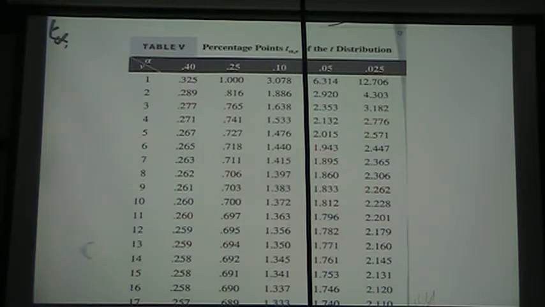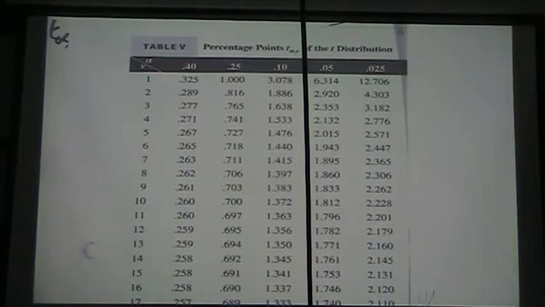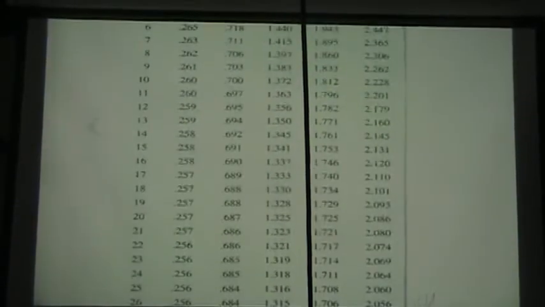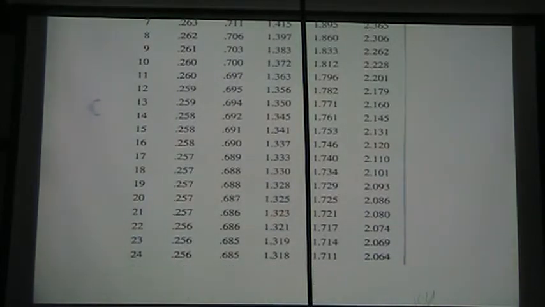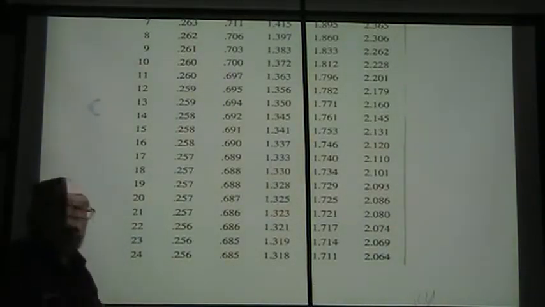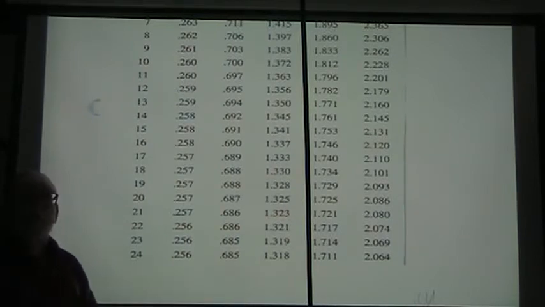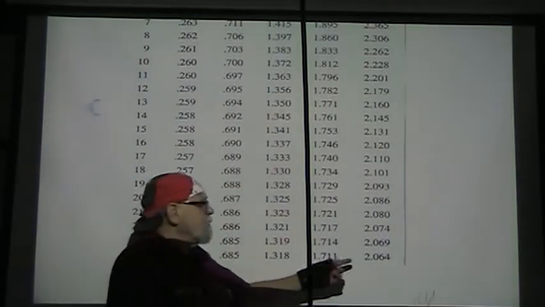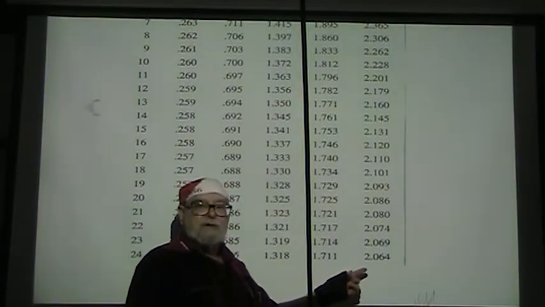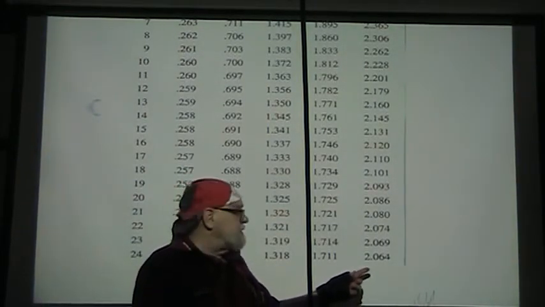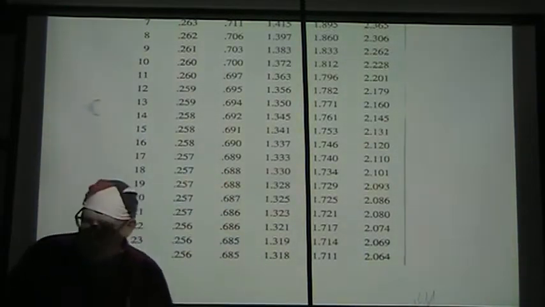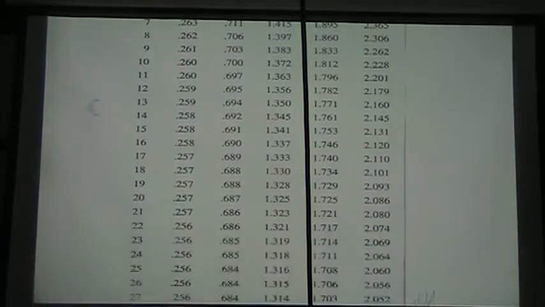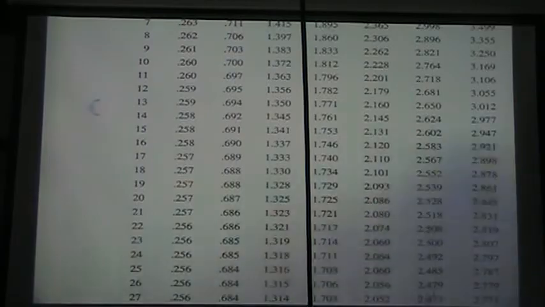Now, our sample size is 25, so I've got to go down here. There's 25. n minus 1 becomes 24. So our t alpha divided by 2 with n minus 1 degrees of freedom, in other words, t of 0.025 with 24 degrees of freedom, is 2.064. Quick, let's write that down.